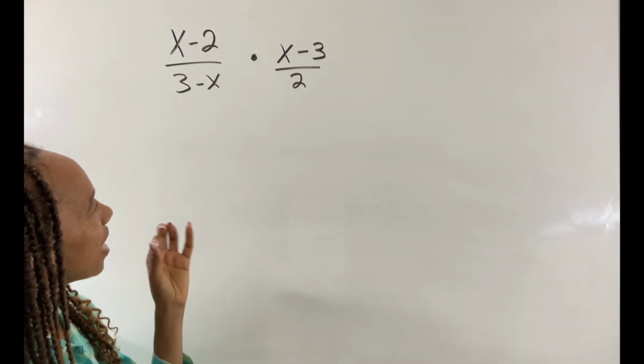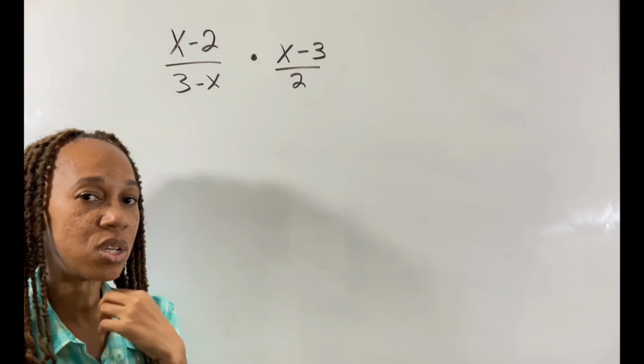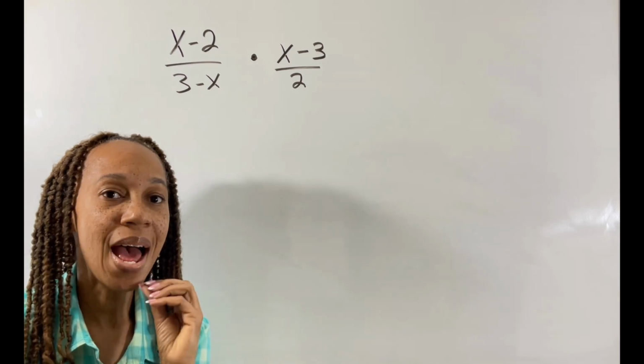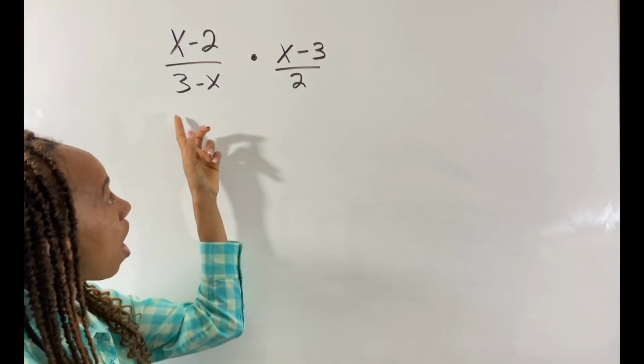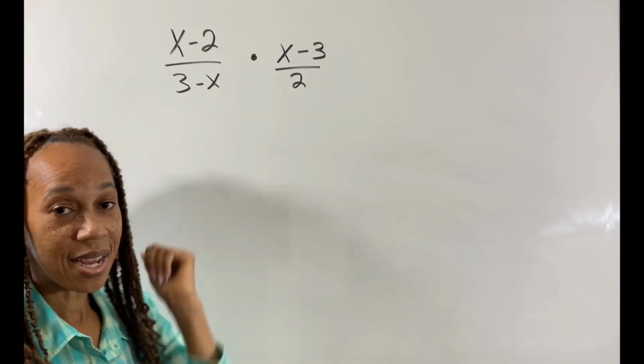How am I going to get it to look the same in order to cancel it out? Guess what? You will have to factor out a negative 1.